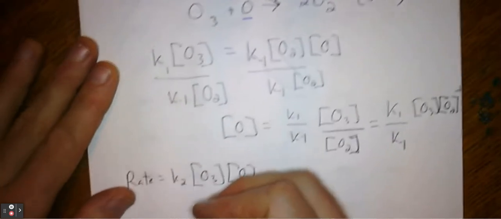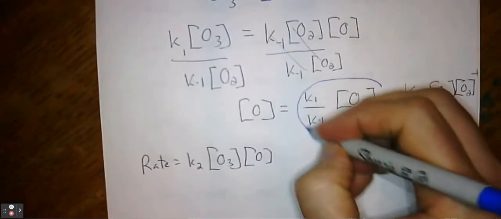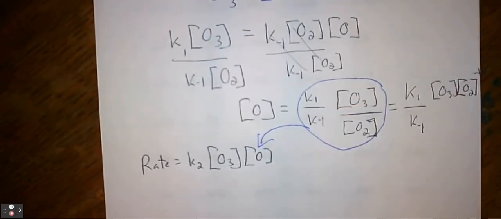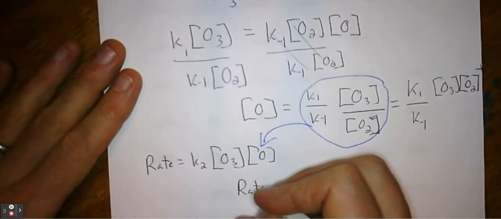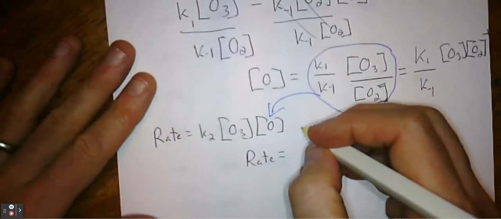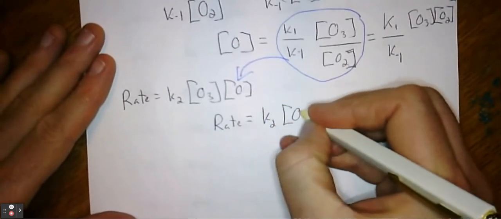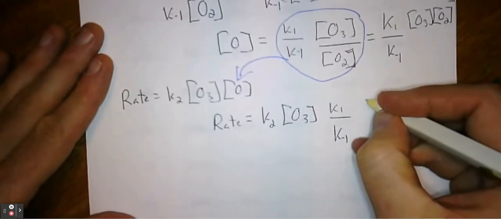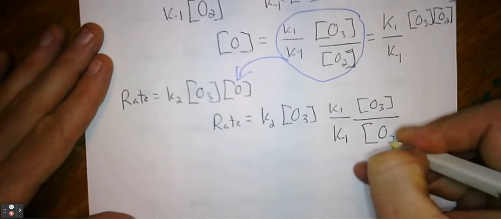So rate would be equal to K2 times the concentration of O3, K1 over K inverse 1, concentration of O3 divided by the concentration of O2.